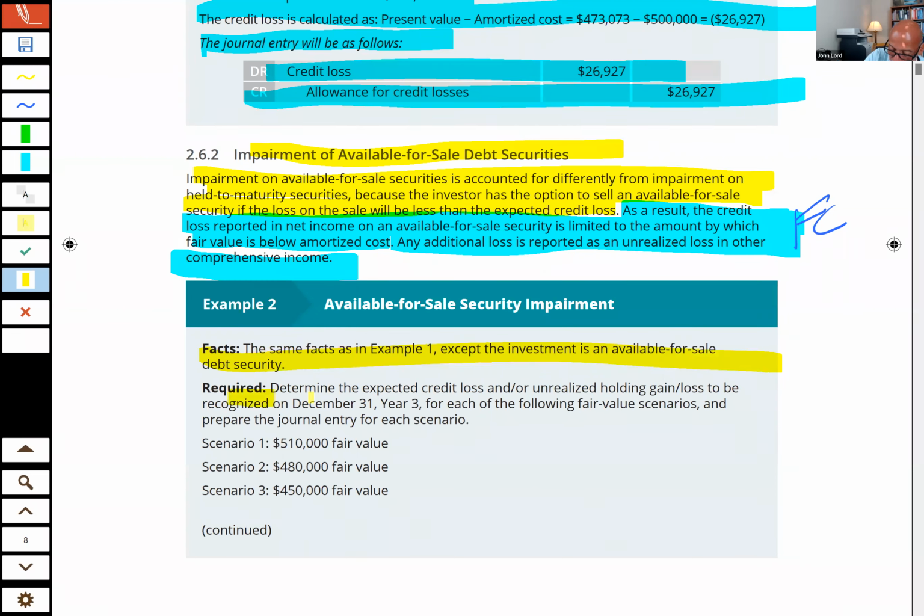Okay. So same fact pattern, that security is being held at 500,000, and they determine, hey, they're not going to be able to pay us. And then they start calling out all the interest. They have that present value that we calculated before, but now they give us different scenarios. What if the fair value is 510? What if the fair value is 480? What if the fair value is 450?